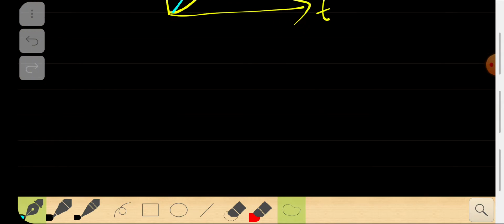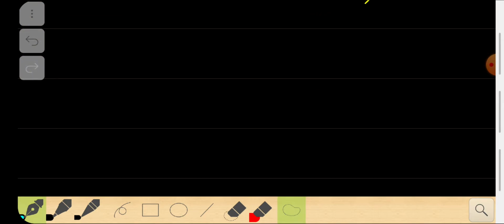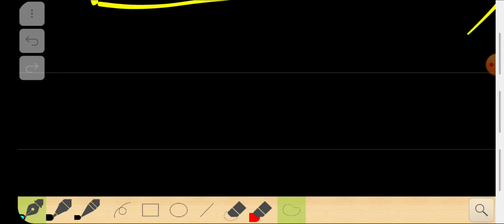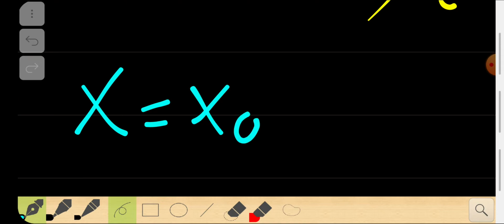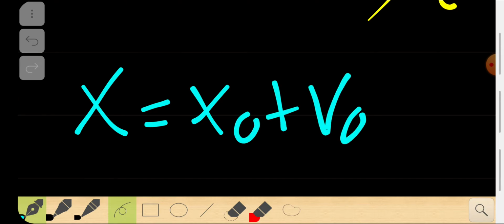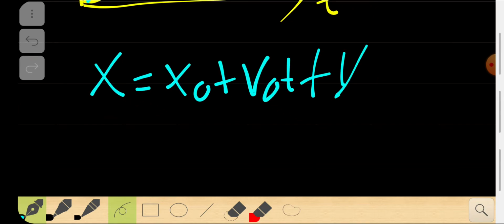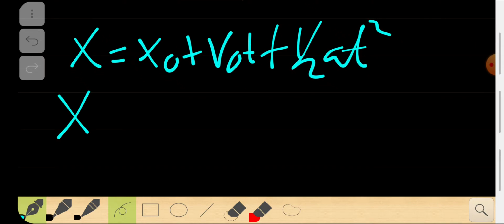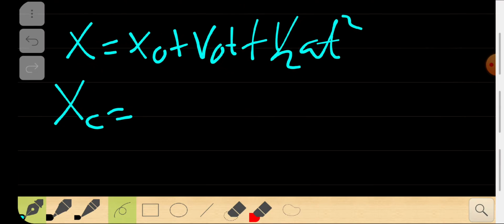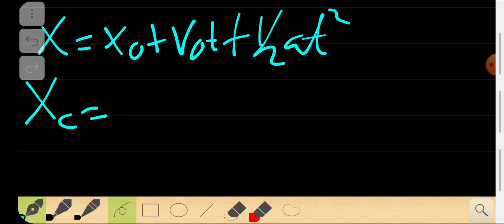So what we can do is write down the equations of motion, which is x equal to x0 plus v0 t plus half a t squared. For the car, x0 is 0, the initial starting point is 0, the initial velocity of the car at rest is 0, and the acceleration of the car is 3 meters per second squared.